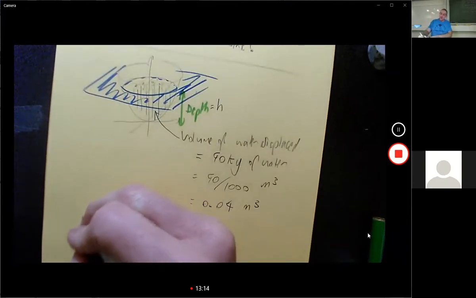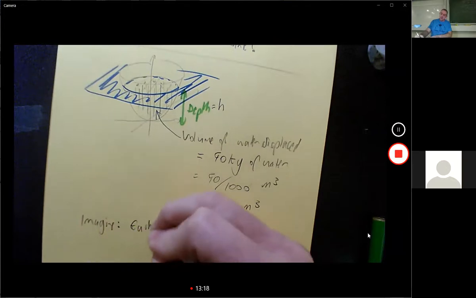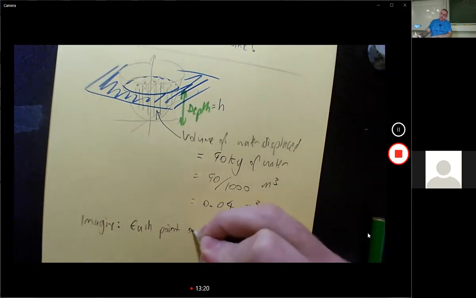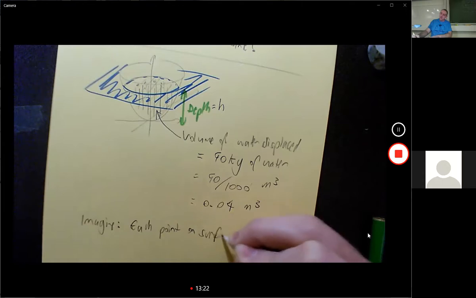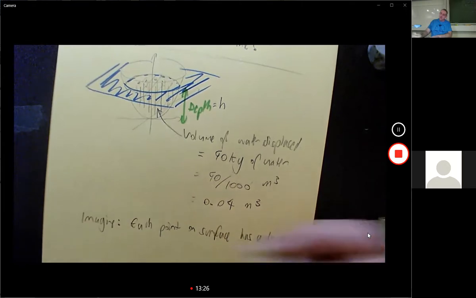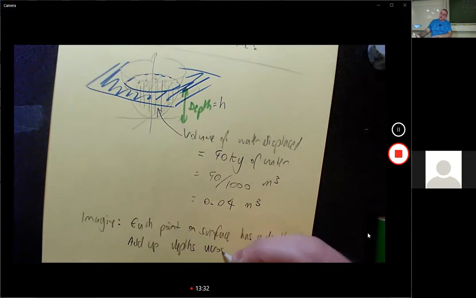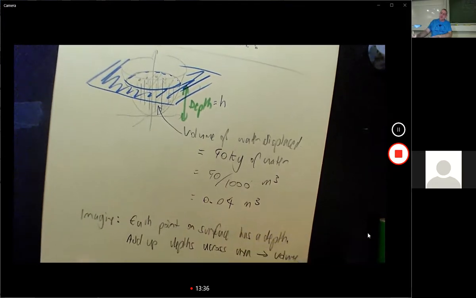So this is what I'm imagining. Each point on the surface has a depth. Add up depths across the area, and that should produce a volume.